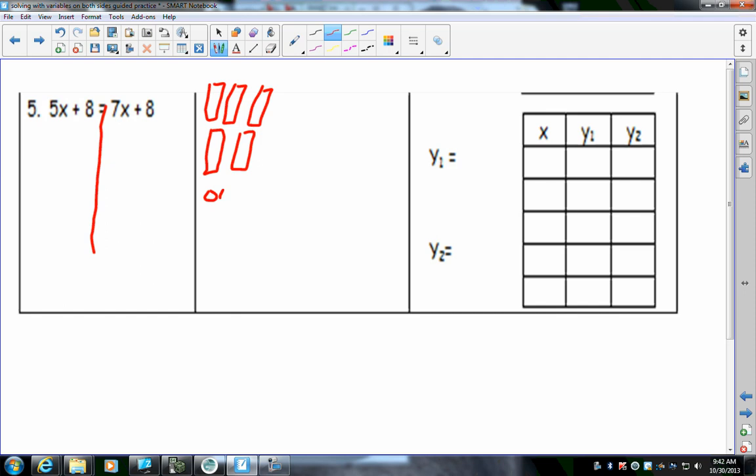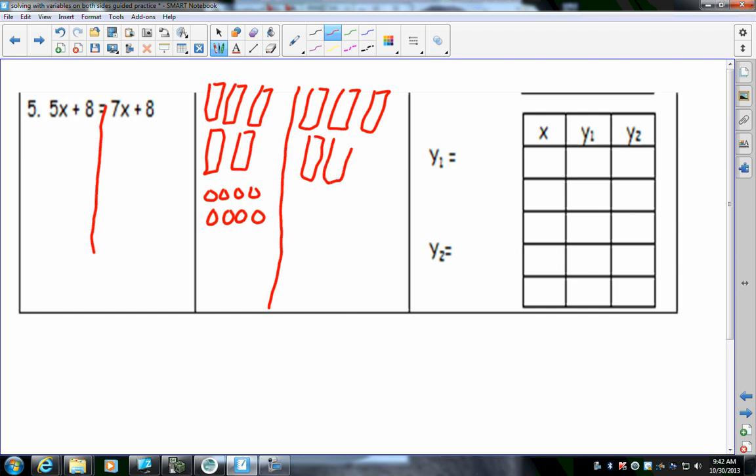Plus 8 equals, oh, these are a lot of tiles, 7x plus 8.